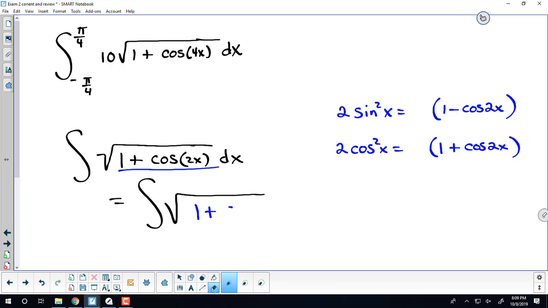Oops, sorry. I don't want to rewrite the original. So how do we do it when it's 4x? The pattern to go from the right-hand side, like the cosine of 2x, to the sine of 1x or the cosine of 1x, is we just take half of that argument. So let's modify this a bit.